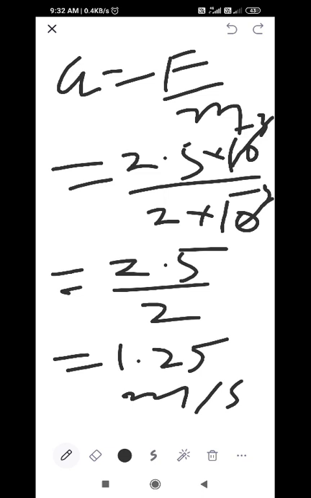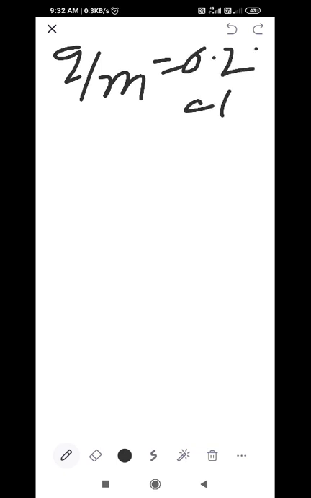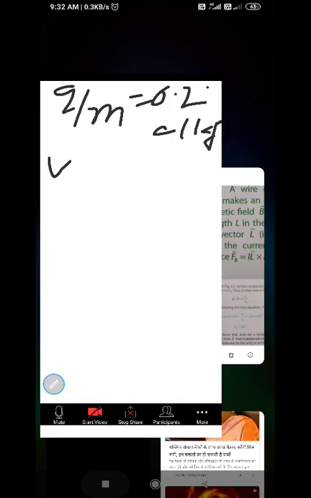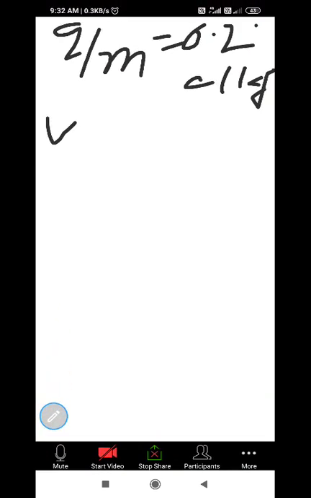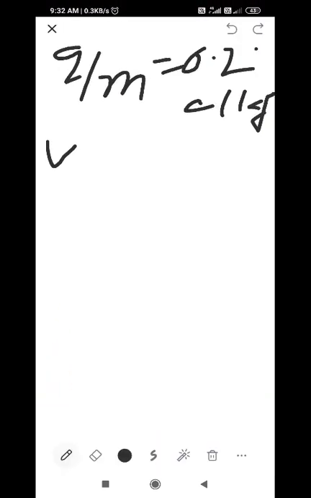Let us take another example. We are given a particle whose specific charge Q by m is 0.2 coulomb per kg. Then we are given velocity. This velocity is given in a vector form.